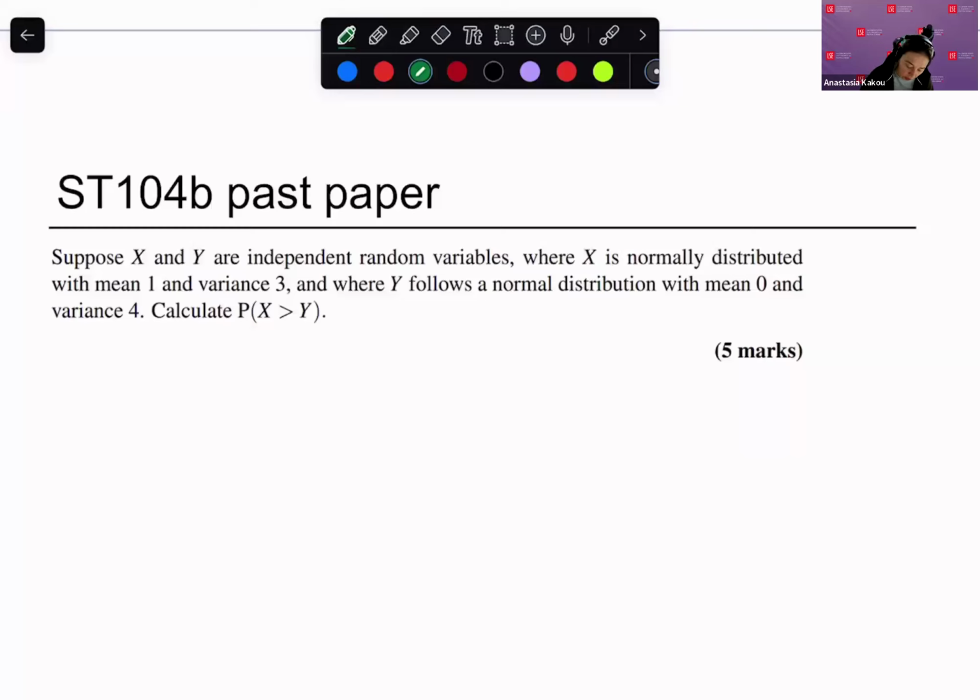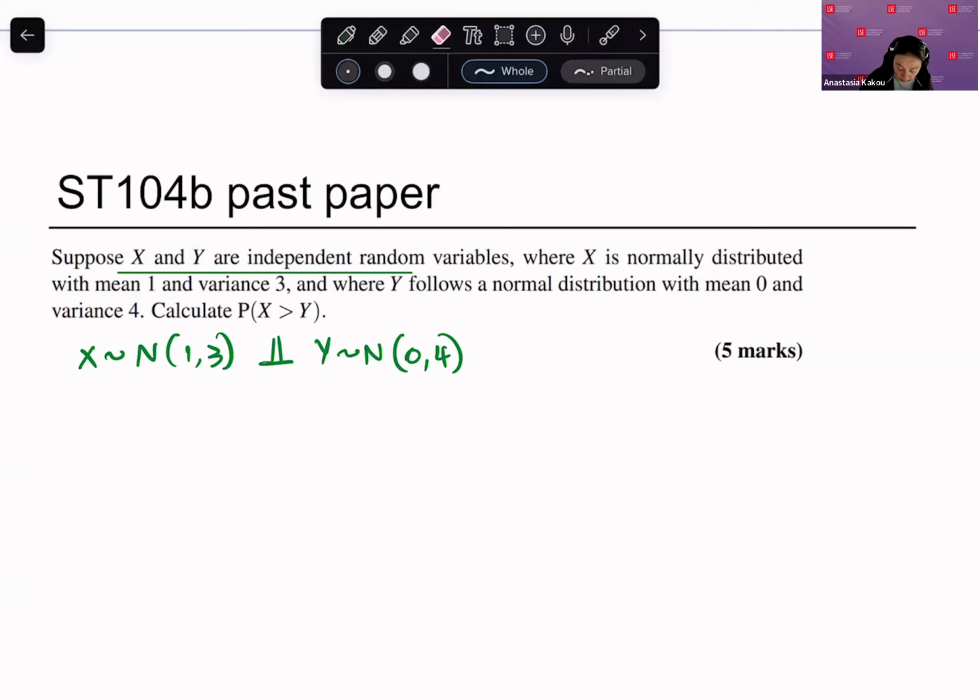Here you start with 2 independent random variables: x, normally distributed with mean 1 and variance 3, which is independent of y, which is also normally distributed with mean 0 and variance 4. We need to calculate the probability that x is greater than y.